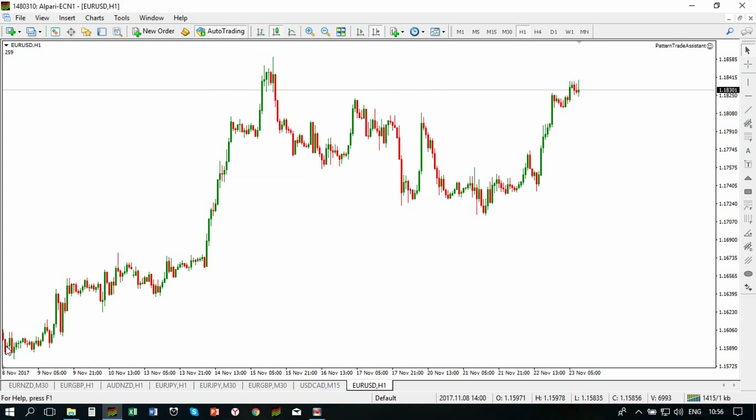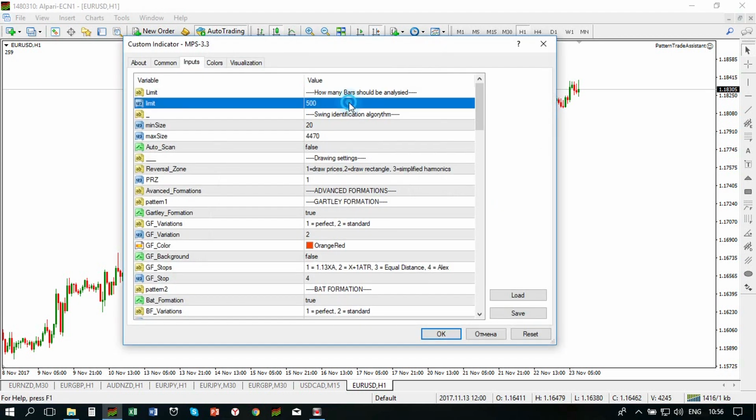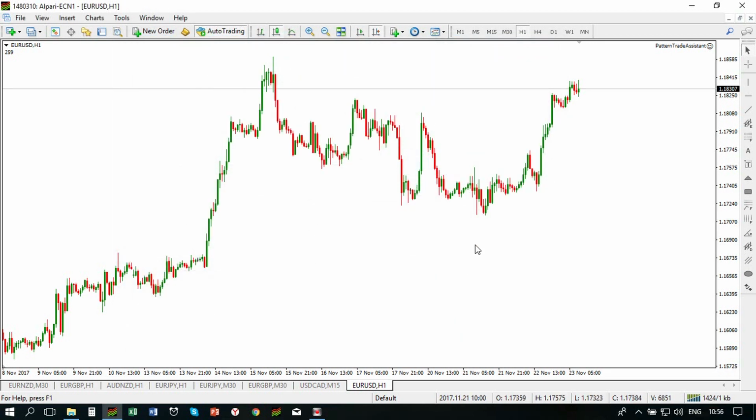So this is the visible part, the last bar on your chart, 259. Why do we need to process 500 bars if we only need 250, 259? Okay, done. So no need to do the work that is not needed.